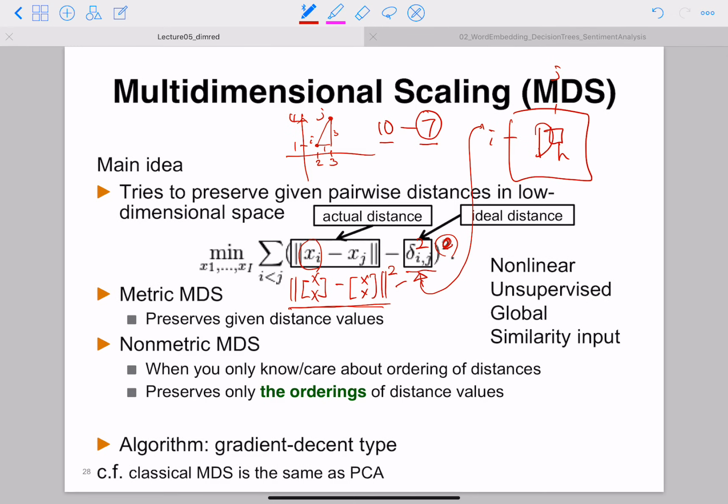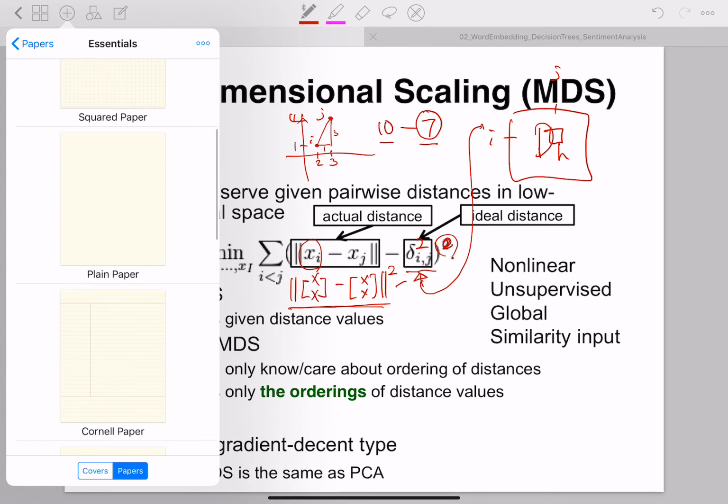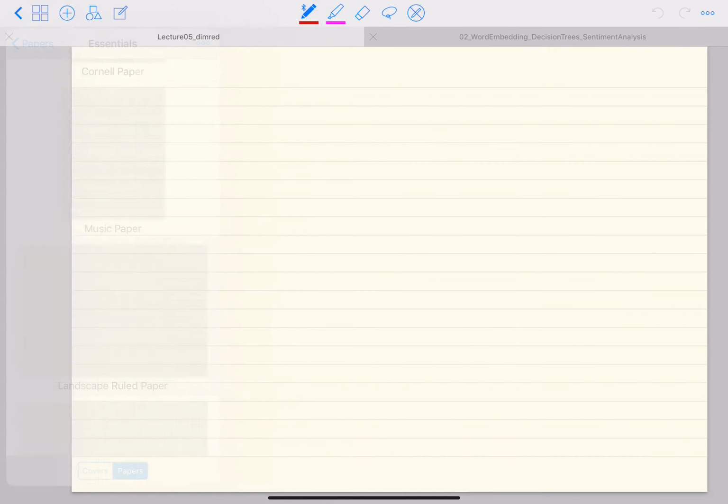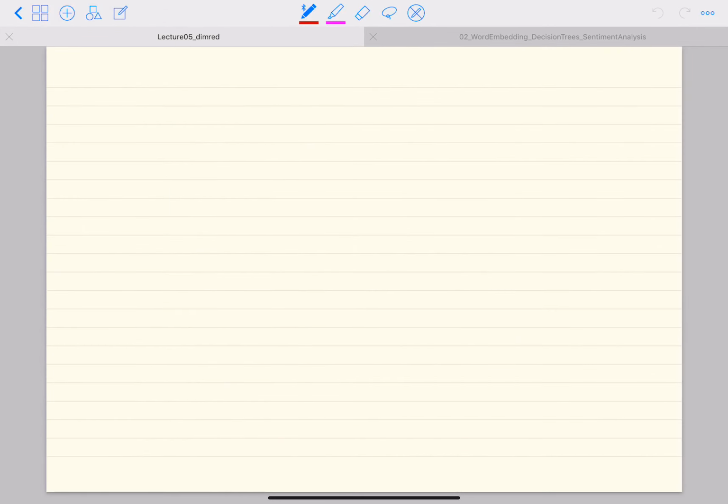In this case, let's apply the gradient descent algorithm to update those two points. So x1, y1, x2, y2.